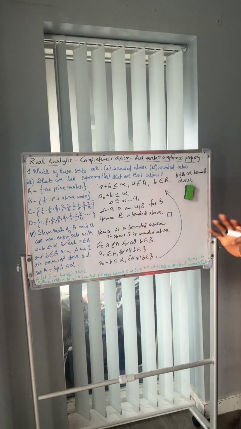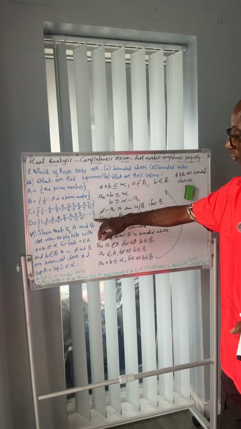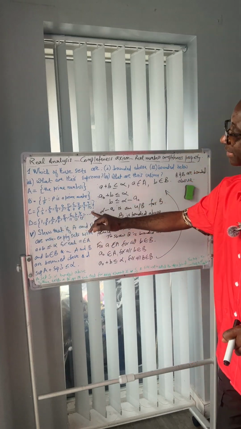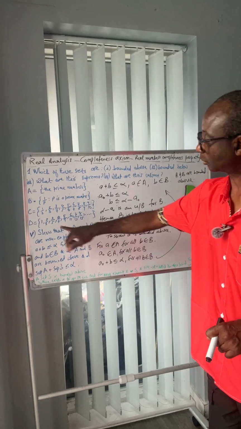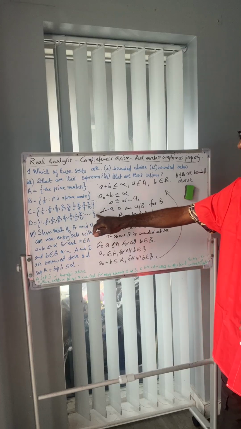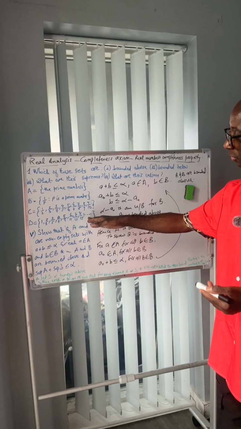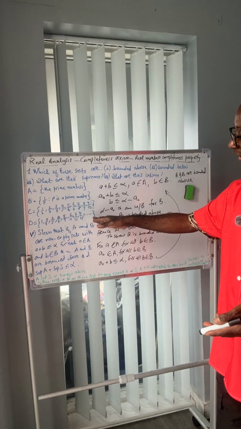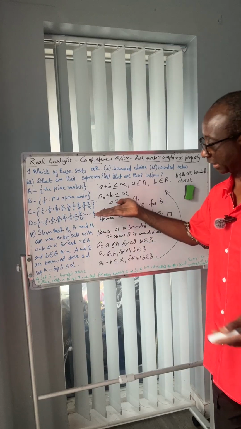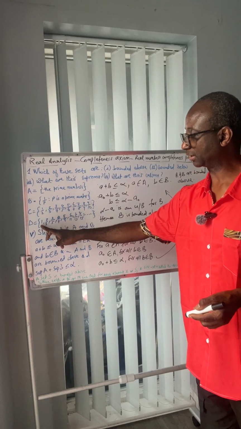For this example here, to prove that this set is bounded above, you only need one element here that is higher than all other elements. What is that one? It's 1. 1 is higher than every other element here because this set is going towards 0. And 0 is the smallest. As you go towards the left, the numbers keep increasing. So 1 is the highest.